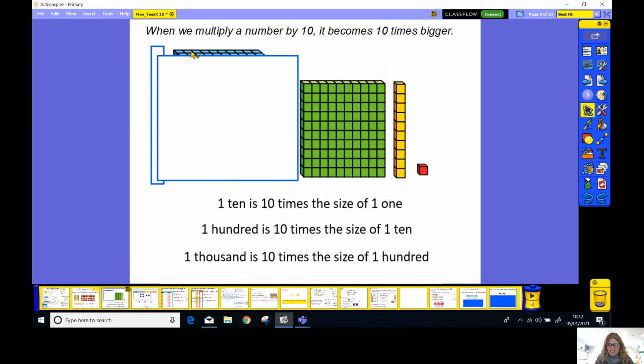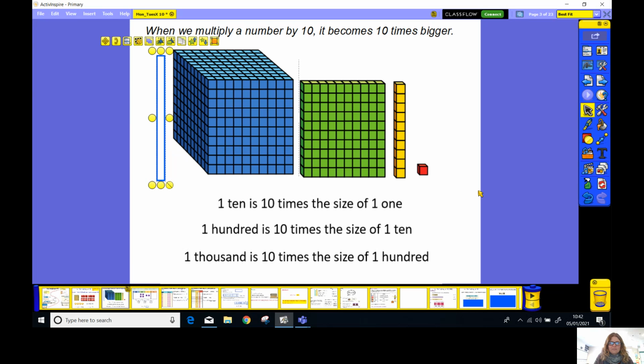And I think you can guess what would happen if I multiplied that 100 by 10: it would become 1000. It's become 10 times bigger. So 10 is 10 times the size of 1, 100 is 10 times the size of 10, and 1000 is 10 times the size of 100.